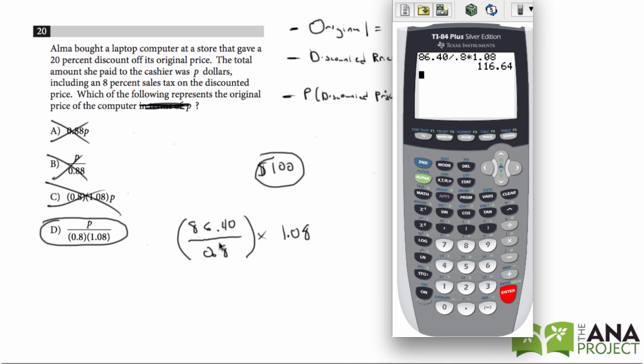See how this is obviously different from this, so it's important to use the parentheses correctly. $86.40 divided by the quantity 0.8 times 1.08. That gets you the right answer, 100.